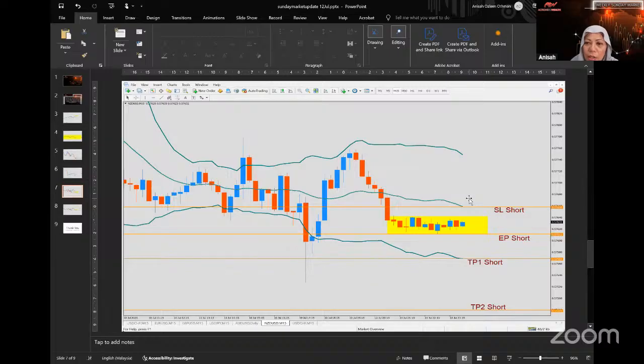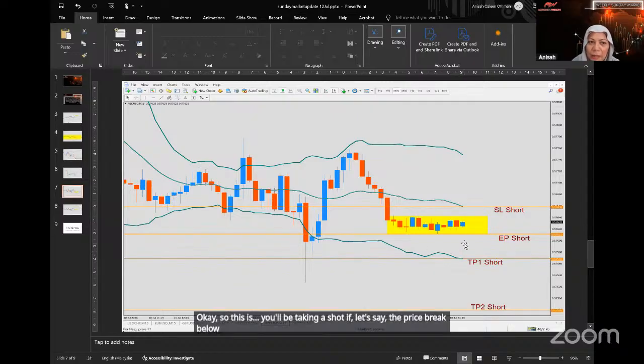This is if we're going short, and the stop loss will be your mid BB, at 0.57658. So you'll be taking a short if, let's say, the price breaks below the rectangle.